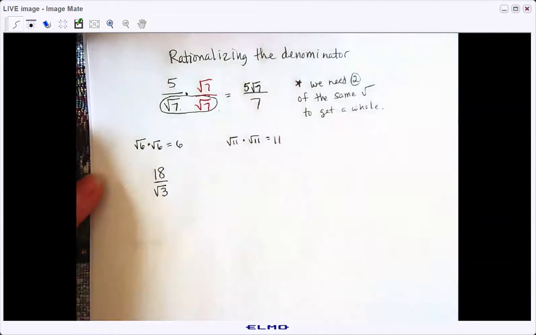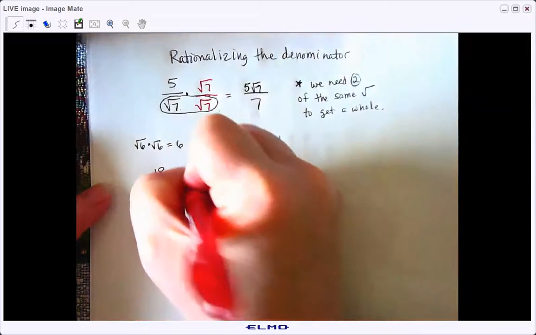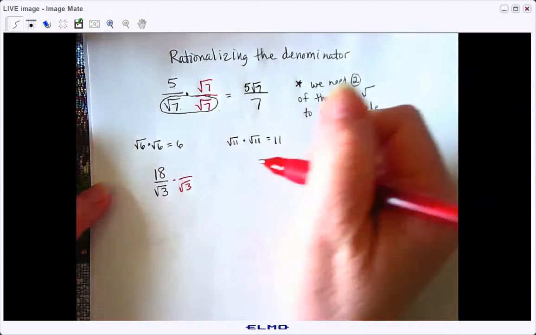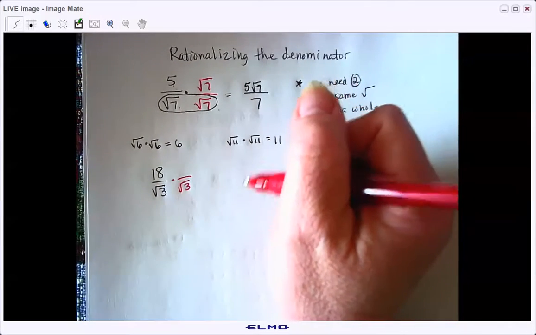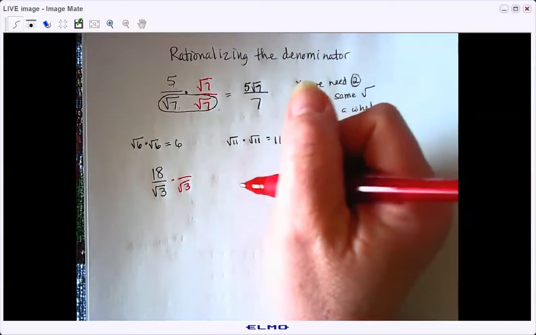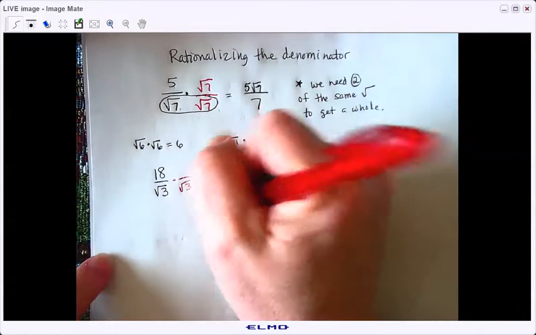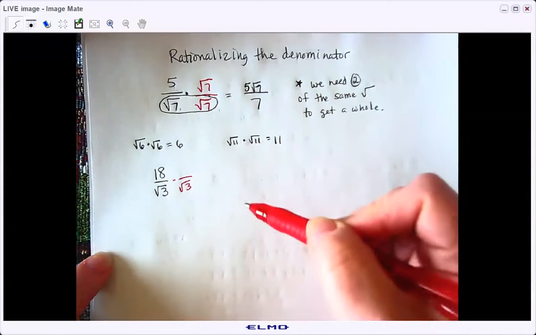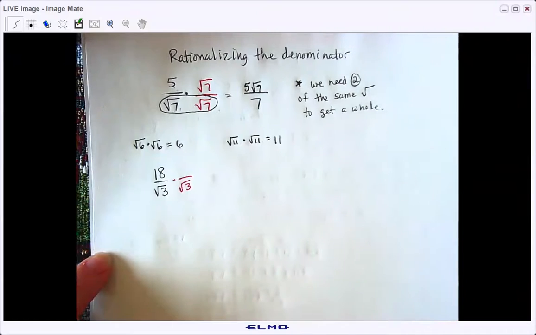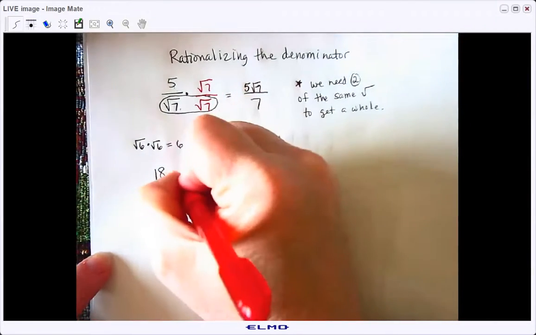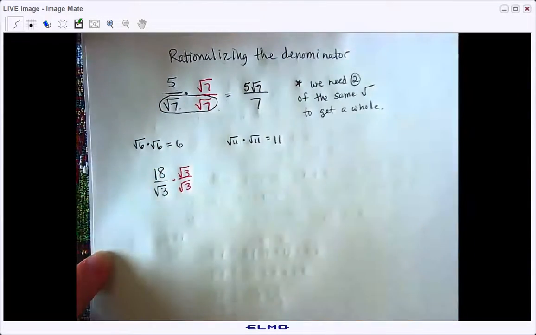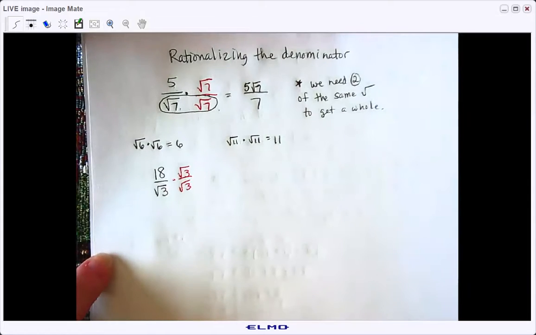Good. Always multiply by the root in the denominator. Now, if that were a √27 or √30, we'd want to simplify the radical first and then multiply by whatever's left in the root. But we're not going to get that complicated right now. This is just the skill we need to be able to do our triangles.